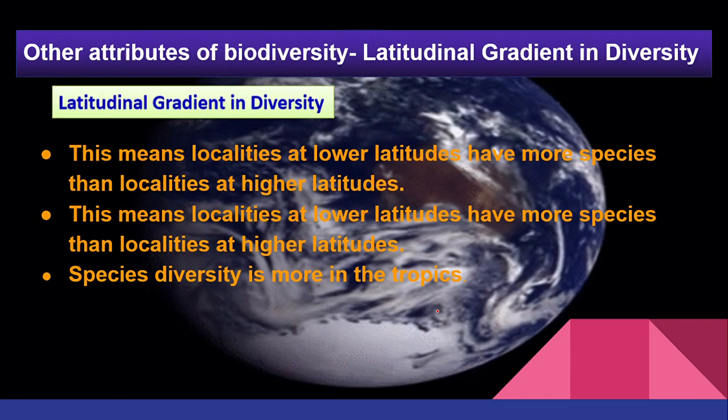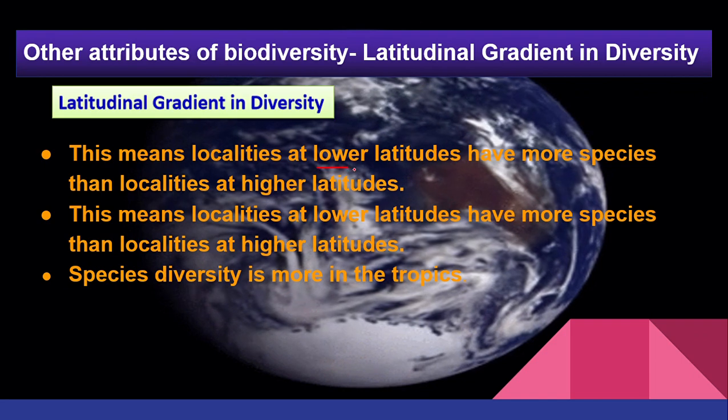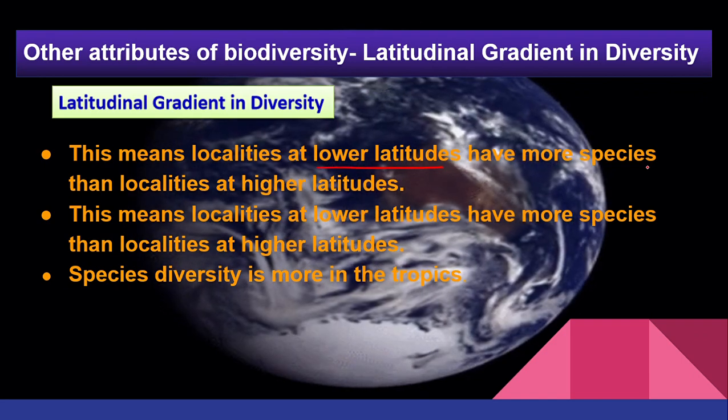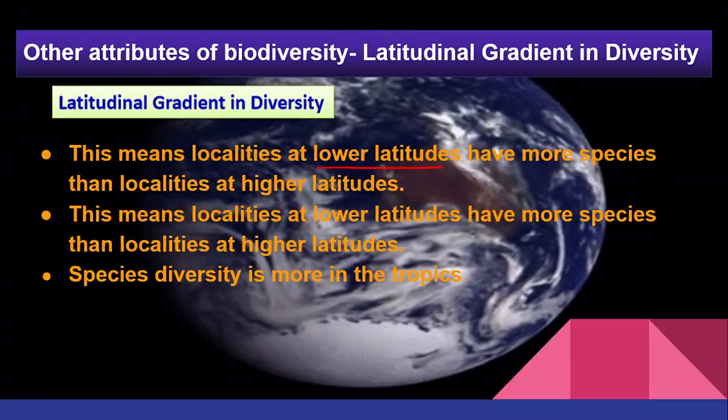So this slide we have already seen. Now let's jump over here. This means that localities at lower altitude have more species. So see here once. If I talk about lower altitude, that means I'm talking about this region, particularly your tropical region, right? So in the tropical region, we will be having more number of species, right?